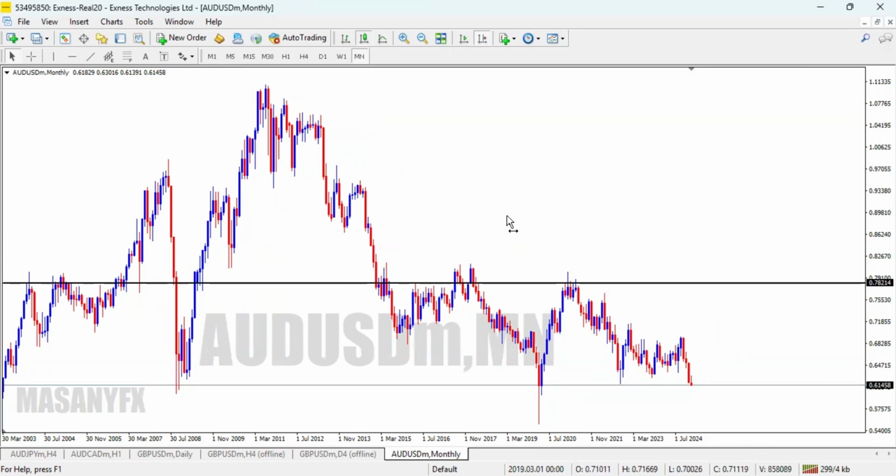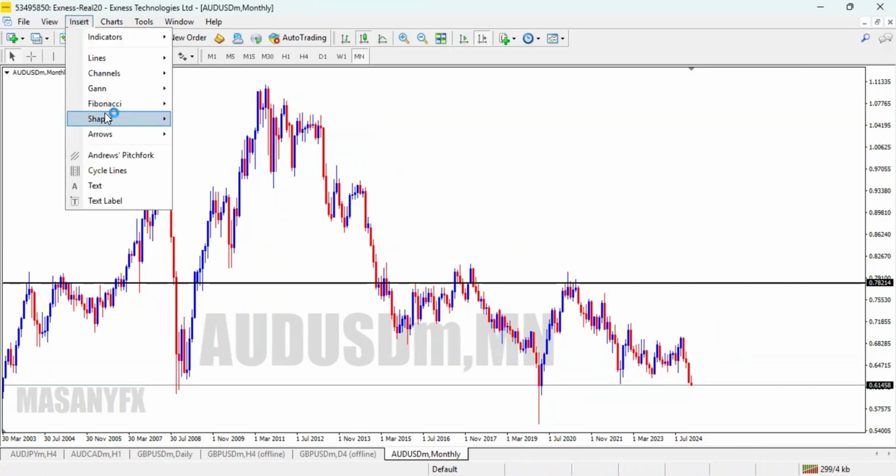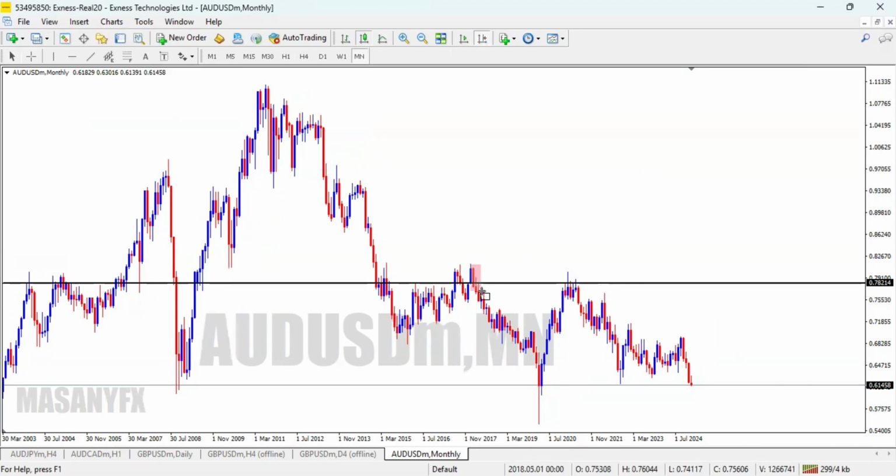We all see that it is going down. But what I see is AUDUSD selling because it is respecting this supply zone. So when AUDUSD on the monthly time frame is selling on this supply zone, where will the take profits be? The take profits will be here.